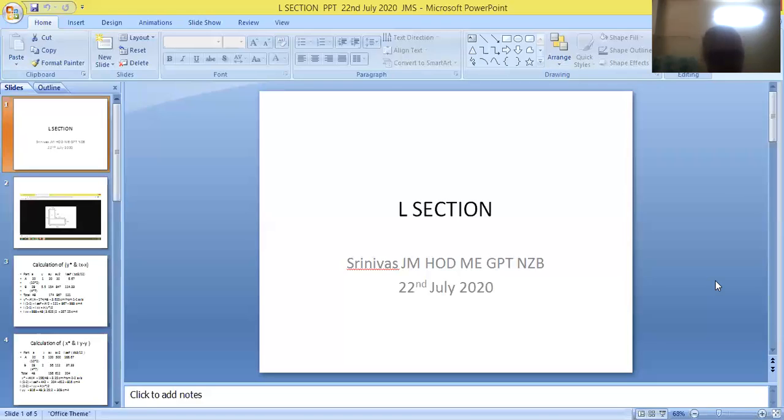So friends, these are the calculations to be made in the case of all items, of course in the case of L section also. These are the calculations which we are supposed to make for solving these problems.